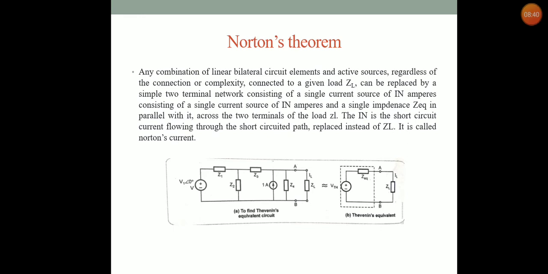Now the third one, Norton theorem. The Norton theorem can be stated as: any combination of linear bilateral circuit elements and active sources, regardless of connections or complexity, connected to a given load, that is a load impedance, can be replaced by a simple two terminal network consisting of a single current source of IN amperes and a single impedance, that is an equivalent impedance, in parallel across the two terminals of the load impedance.